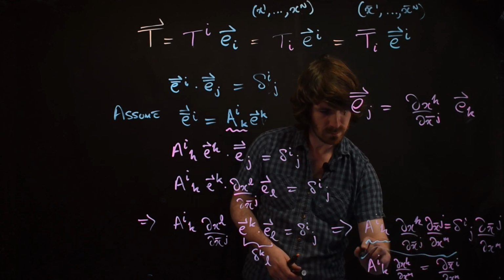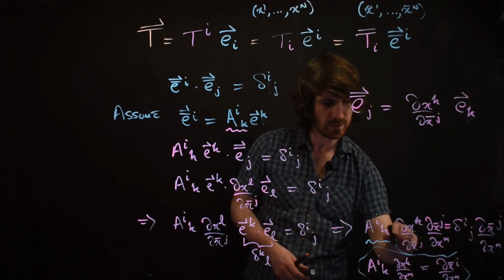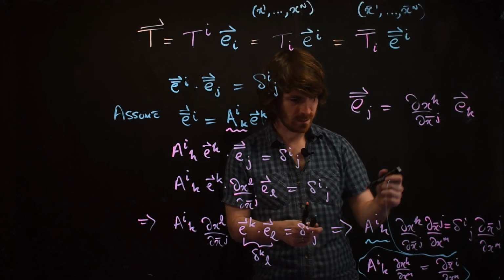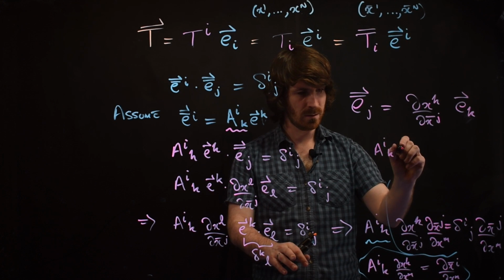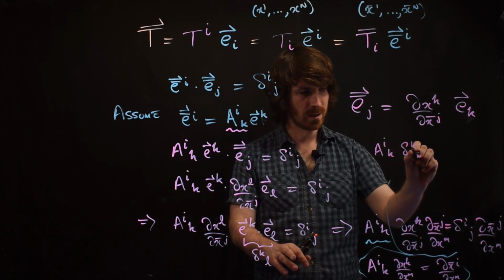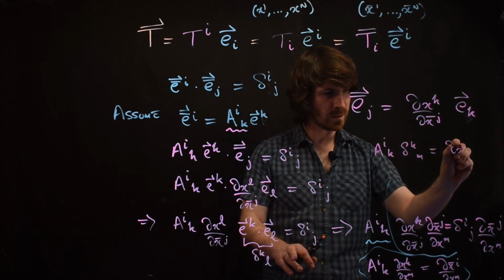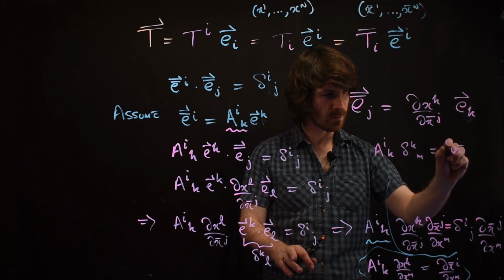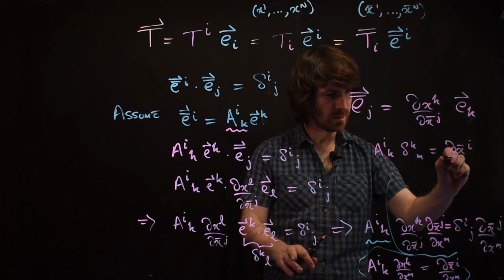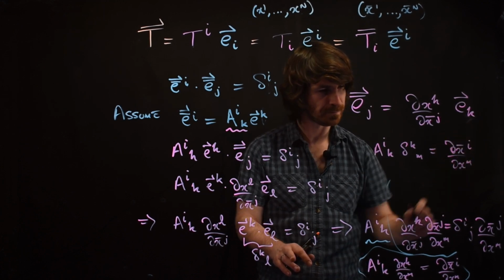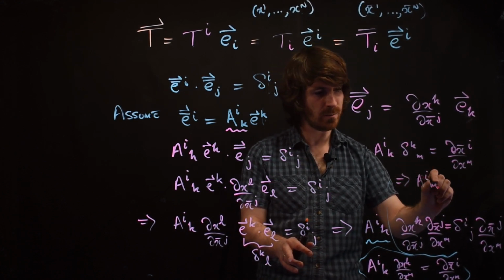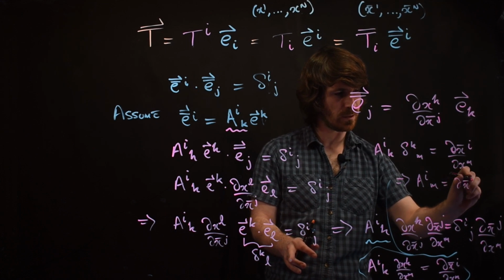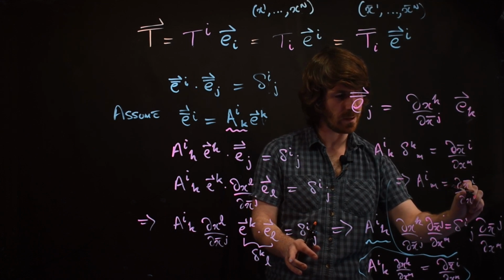Let me bring this up here, apologies. So we find that a^i_k delta km equals dx bar i by dx^m, which means that a^i_m equals dx bar i by dx^m.